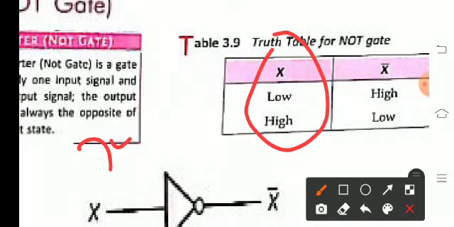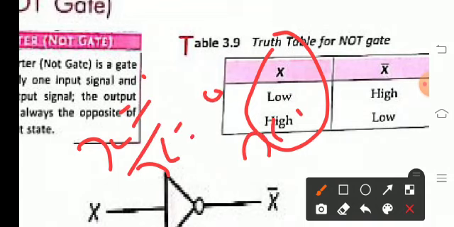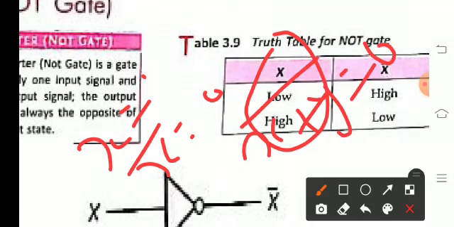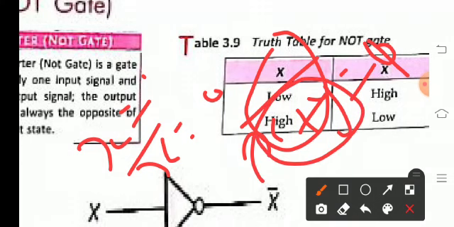X equal to 1, x dash equal to 0. Suppose x plus y equal to 0, then x plus y bar equal to 1. So the whole thing has one value, the whole thing bar has the opposite value. Only one value will be processed using this NOT gate.